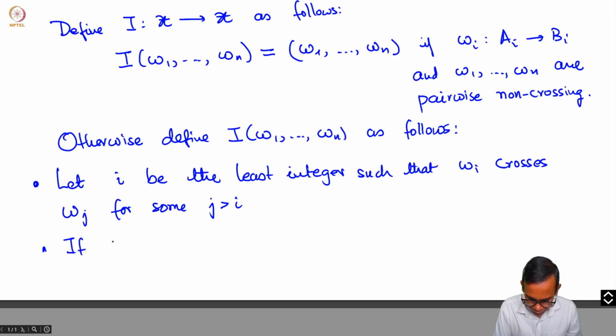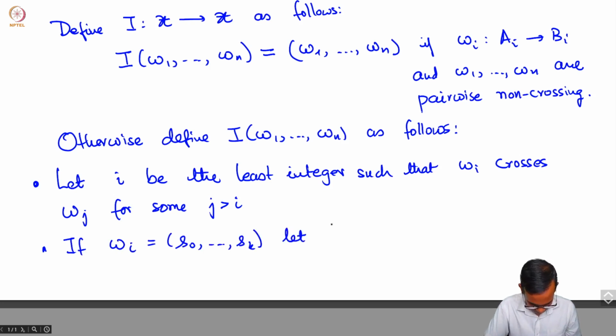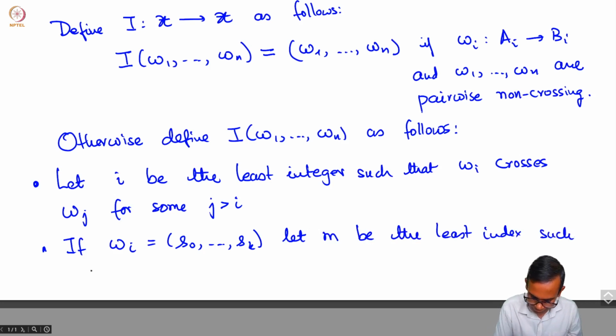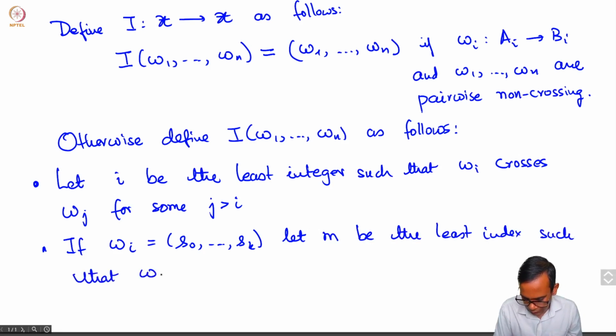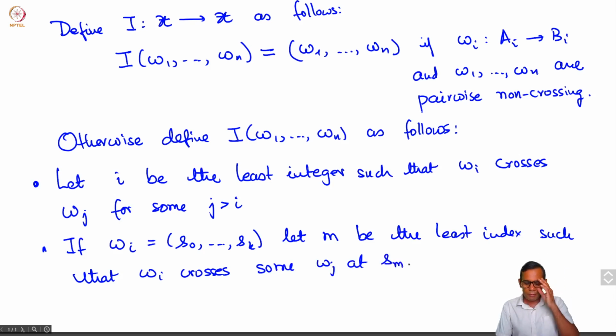Now if omega_i is the path s_0 up to s_k, let m be the least index such that omega_i crosses some omega_j at s_m. So s_m will be a common point of omega_i and omega_j. So you look for the first point on this path where it crosses another path.